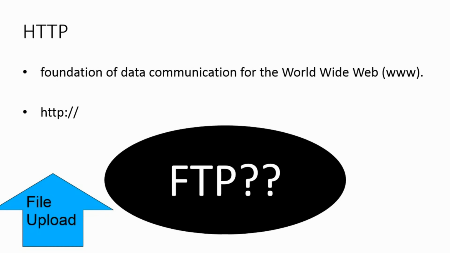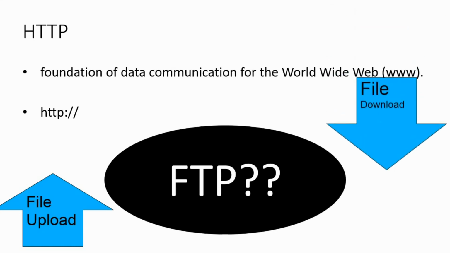So, if we would like to upload any HTML pages, CSS, images or any other file to the web, it is possible through FTP. In a similar way, if we would like to download any file, images or CSS for any amendment in the code itself, then we have to download it.